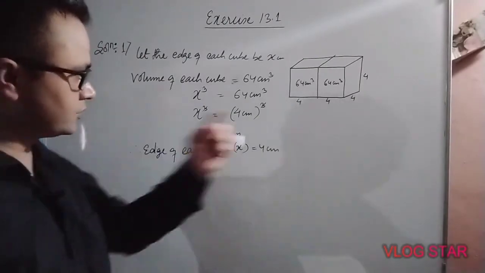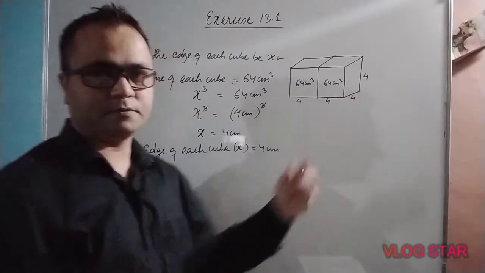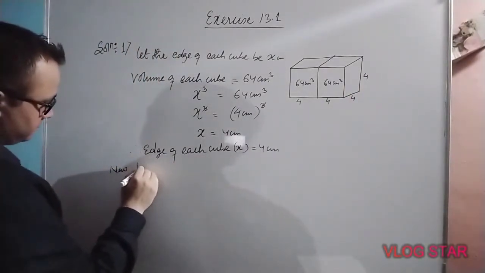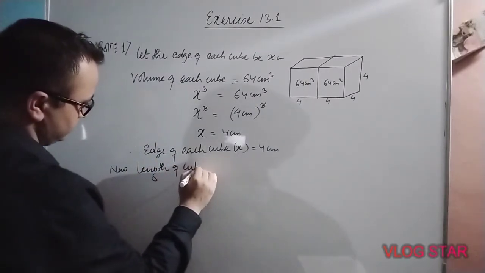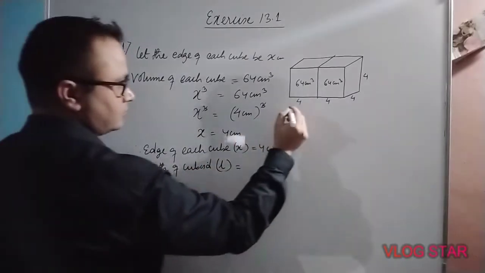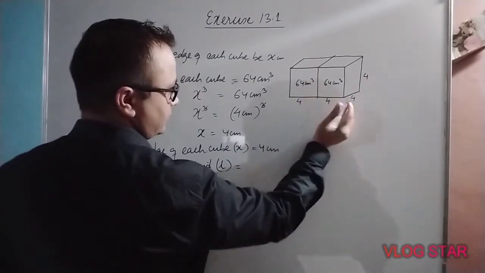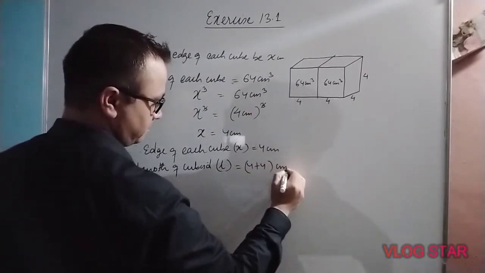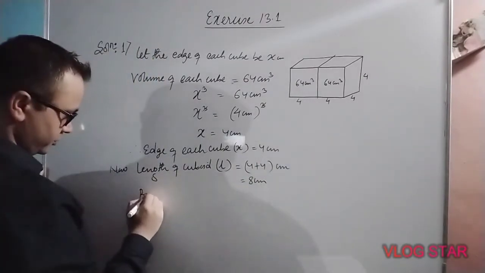Now we calculate the length, breadth and height of the cuboid. Length of cuboid, L equals this plus this, so it is 4 plus 4 centimeter, equals 8 centimeter.